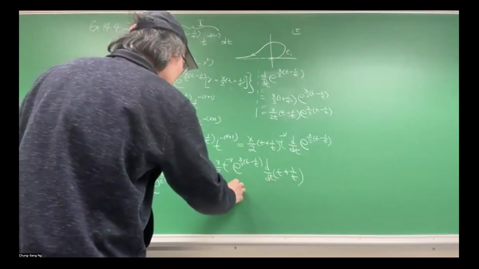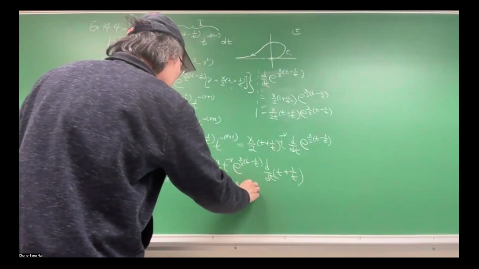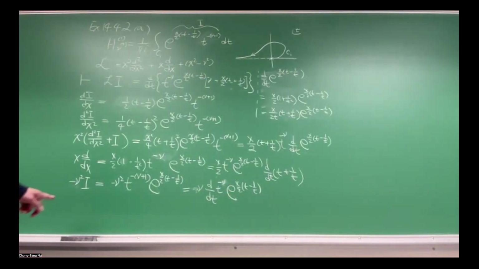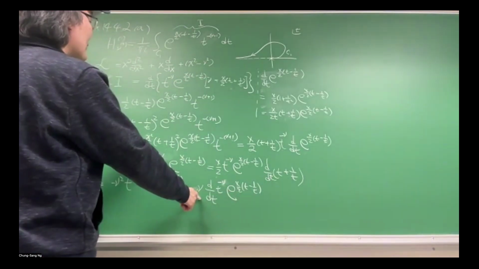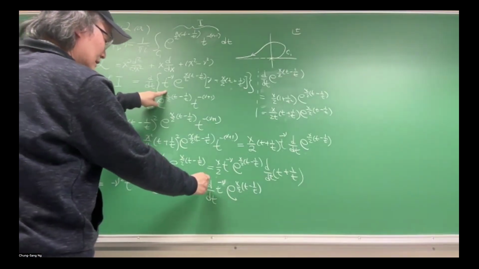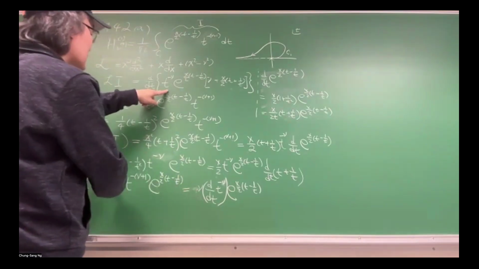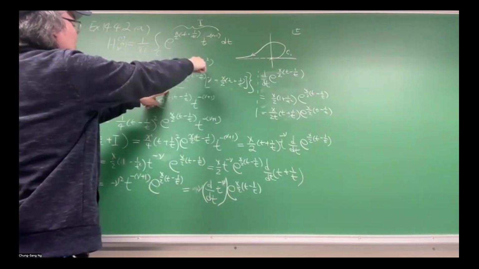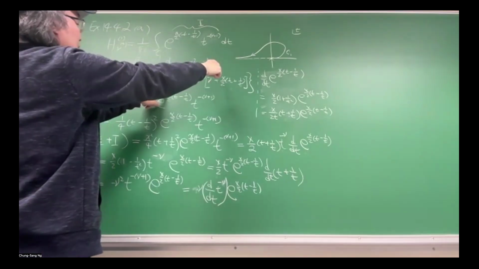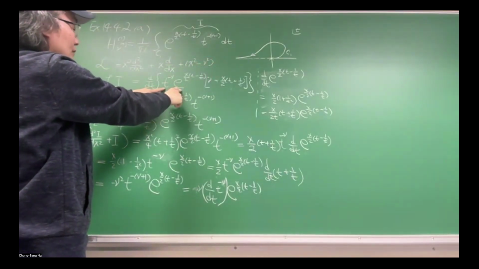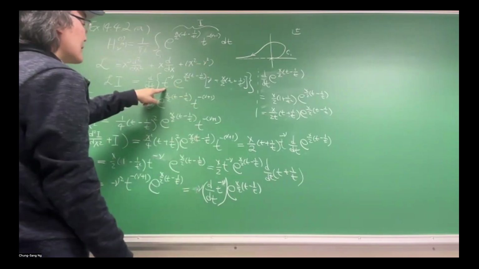So now let's say the exponential function. Okay, so this term compared to that is the derivative. This operator on I is the derivative of this one, and keep this fixed.